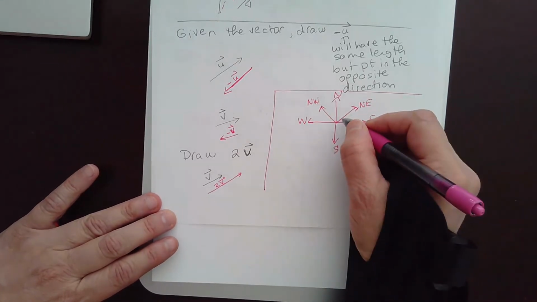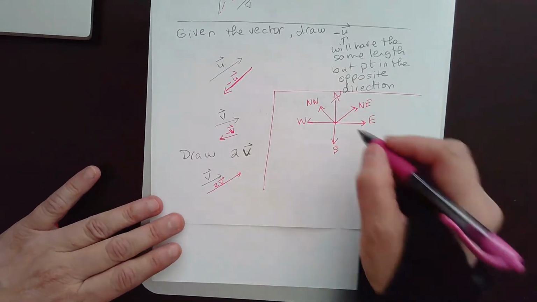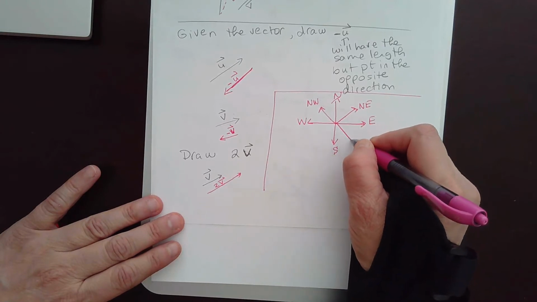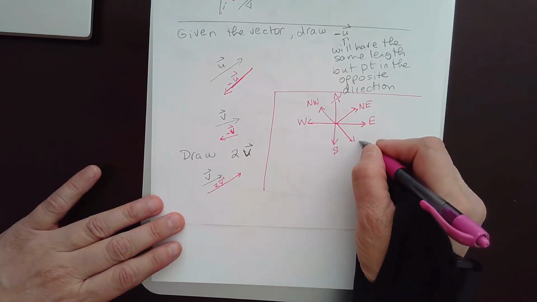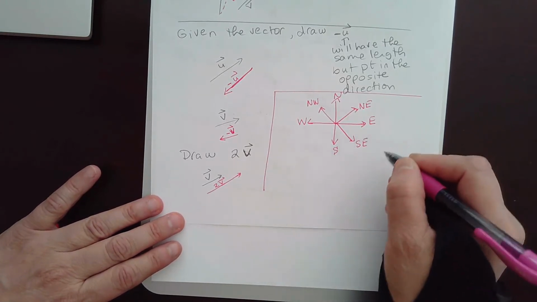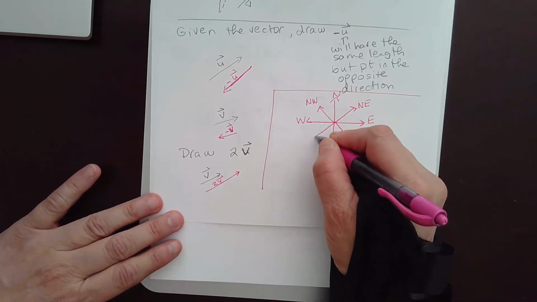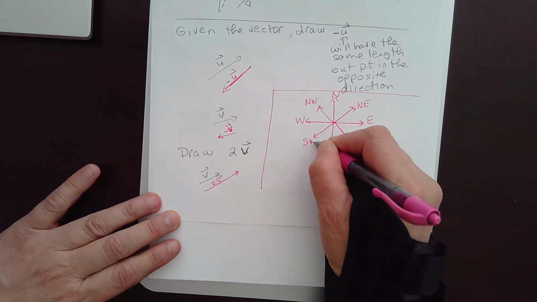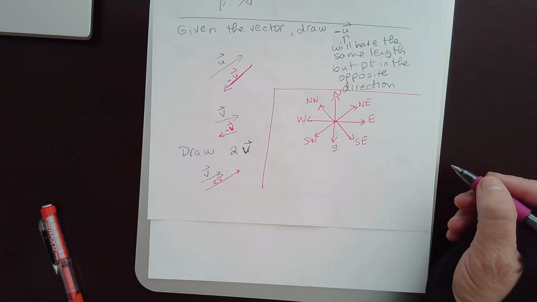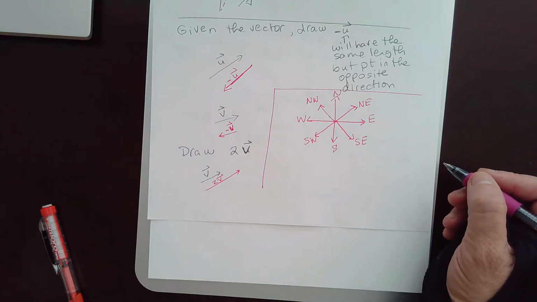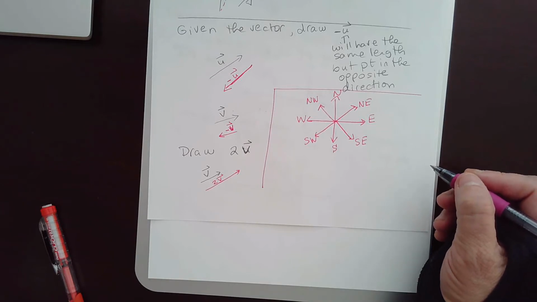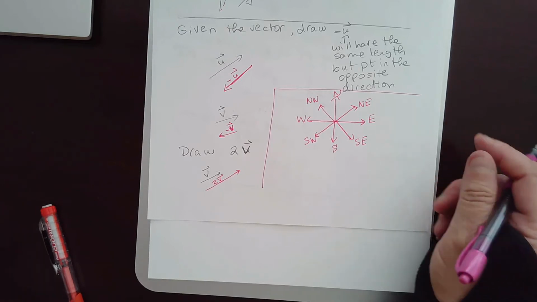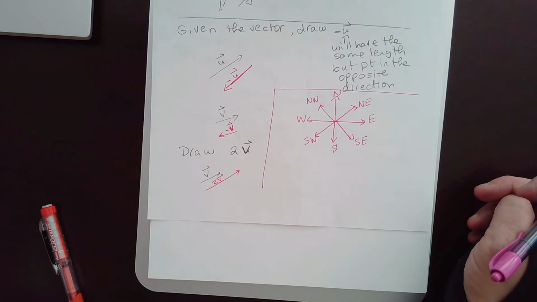This would have a 45-degree angle, and here would be southeast, and here would be southwest. Just wanted to go over that with you. In another video I want to go over a bearing problem. I'll share it with you at another time.